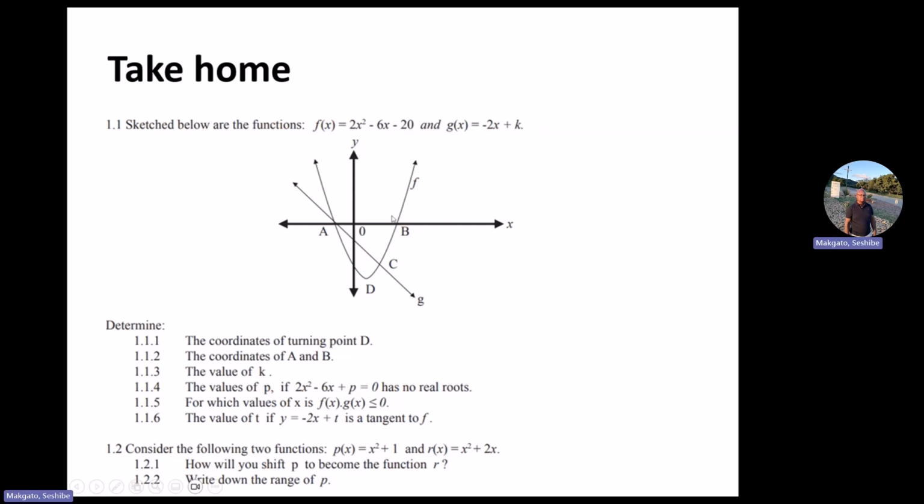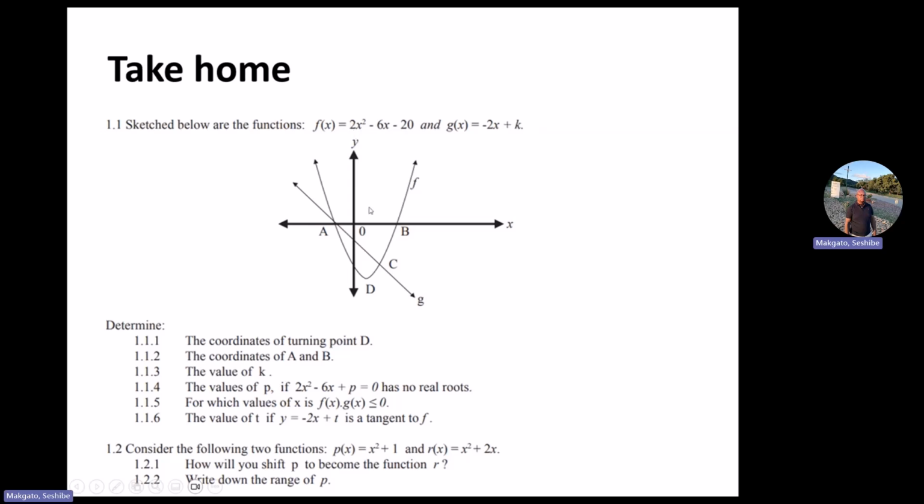So if you want to find the turning points, you first look at this function, and then you say, okay, for this function you are going to use the equation for the x-coordinate equal to minus b over 2a.